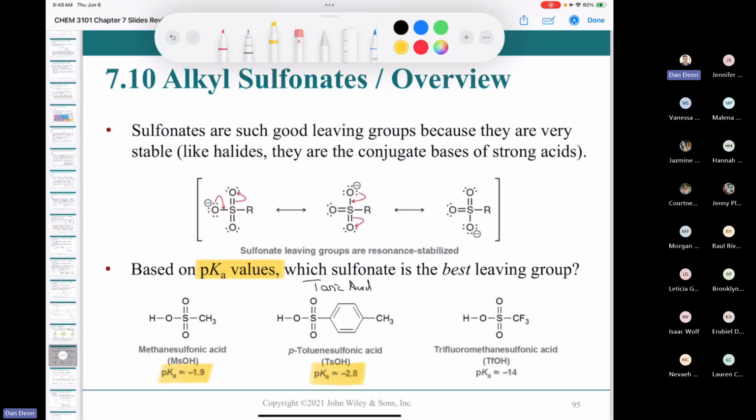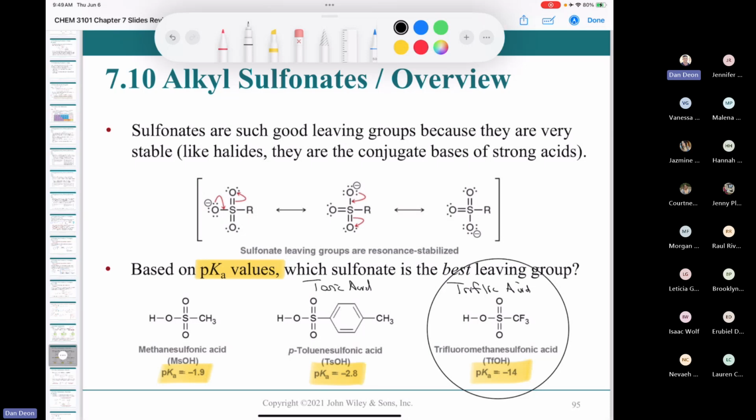Then you get trifluoromethane sulfonic acid. Whoa. Sometimes we call this triflic acid. You don't need to know all these common names, but that's got a pKa of -14. When was the last time you saw an acid with a pKa of -14 in this class? Never. So you can see that the triflate is an excellent leaving group, right? It's got such a low pKa.